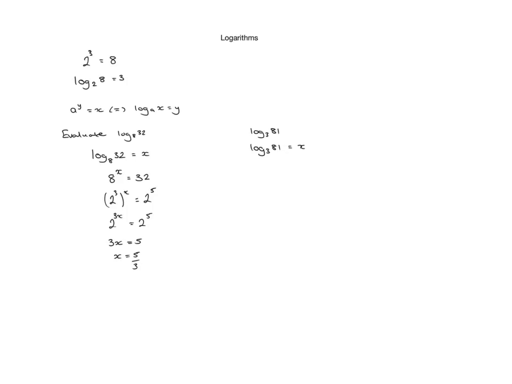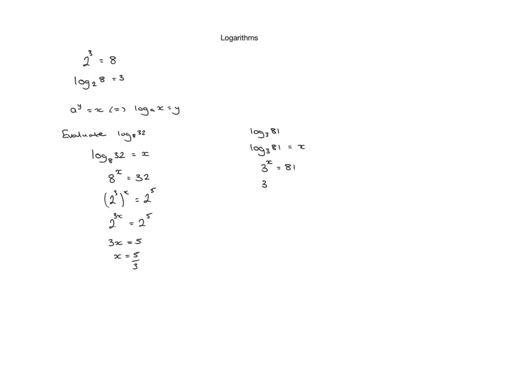And again, 3 to the power of something is equal to 81, so we can now write that in index form. Okay, we need them all to be in the same base, so we need to try and get 81 into base 3.